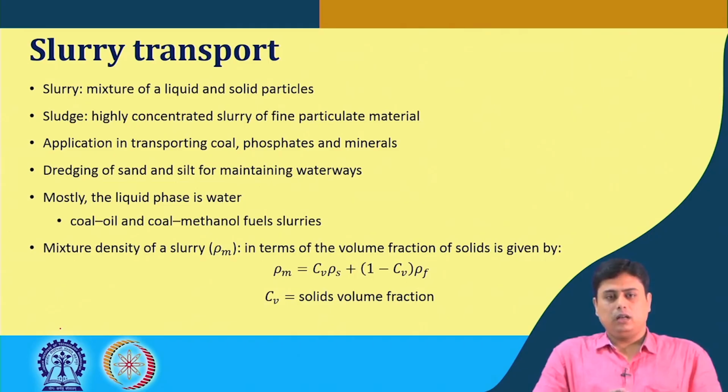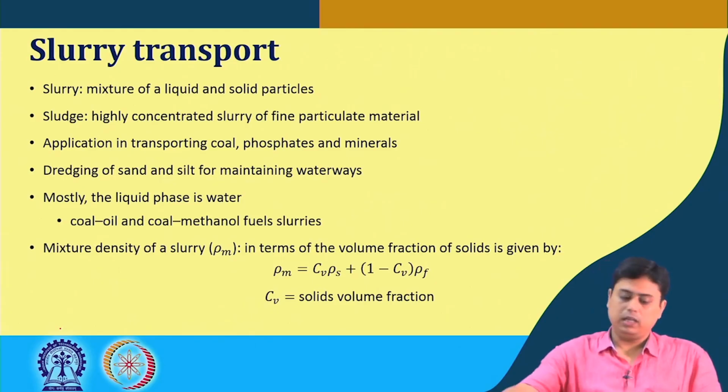And in order to calculate or estimate the pressure drop when it flows through a pipe, we need one common, vital parameter: the density of the slurry. Now, this density can be obtained in a couple of forms. Typically it is used as the slurry or mixture density, which is calculated in terms of the volume fraction of the solids.